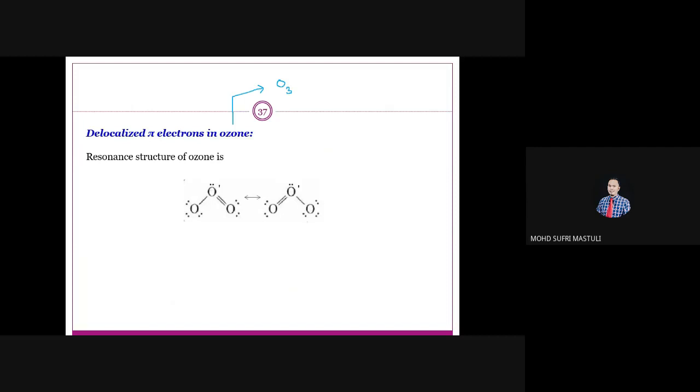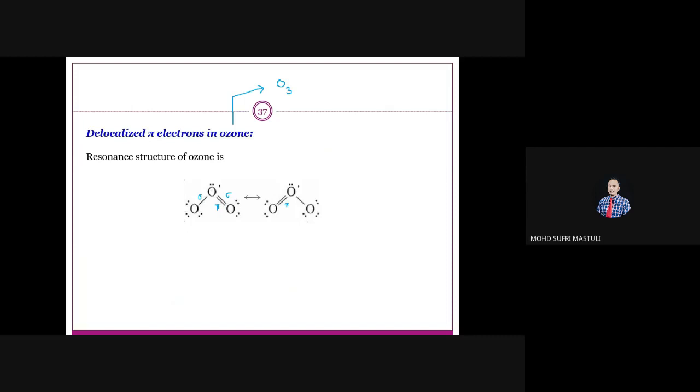As you can see, each resonance structure has 2 sigma bonds and also 1 pi bond. The pi component can be in this position, or in that position, or in this position. So the pi component can move over the atoms.